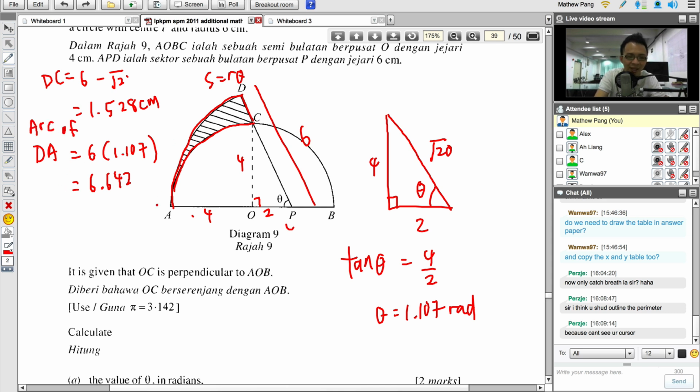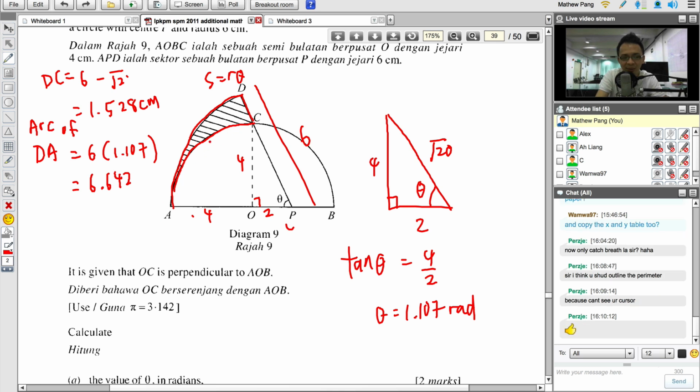Then we want to find this part, which is part of the circle. Arc AC equals, this one r is 4, the angle here is 90 degrees. 90 degrees in radians means what? Pi over 2.